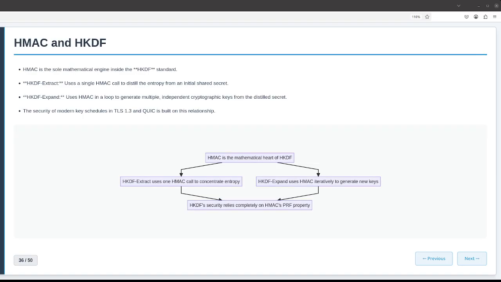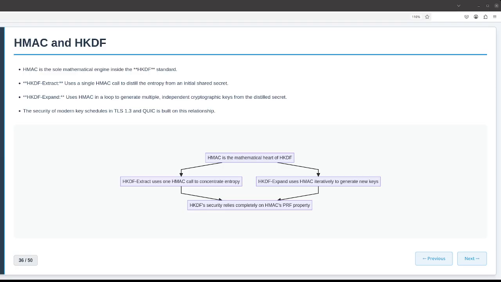HMAC and HKDF. As we saw in a previous presentation, HMAC is the mathematical heart of HKDF. The HKDF standard is essentially a specification for how to use HMAC in two specific ways to achieve key derivation. The HKDF extract step, where PRK equals HMAC of salt and IKM, uses HMAC to concentrate the entropy of an initial secret.